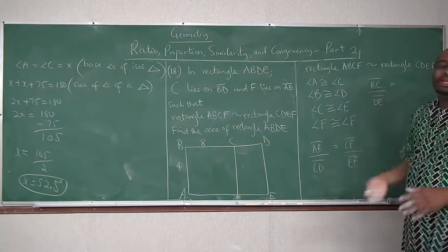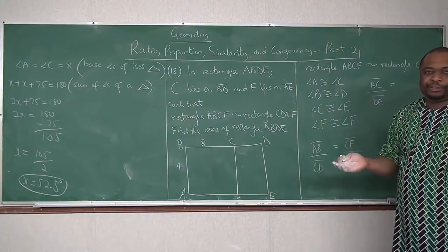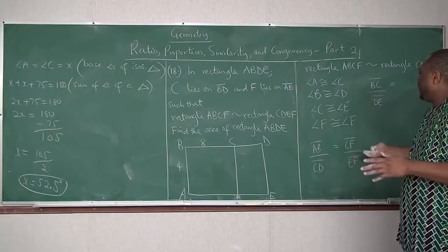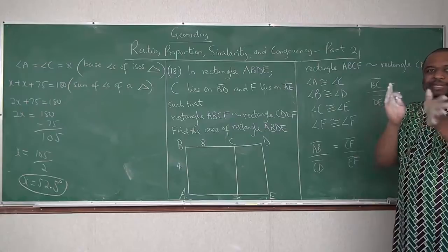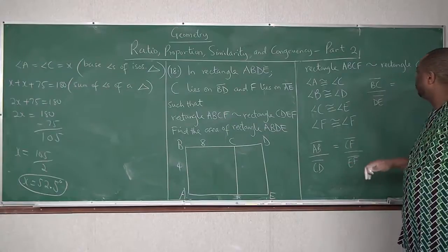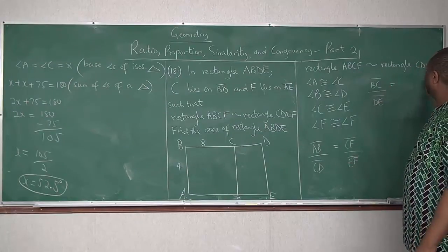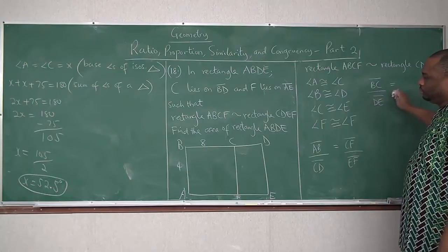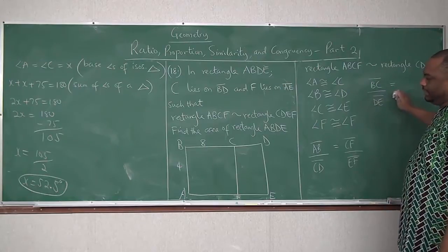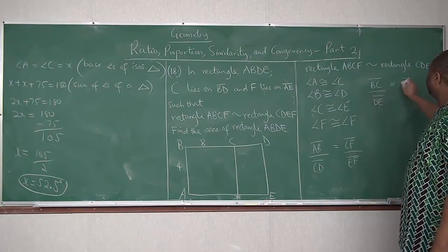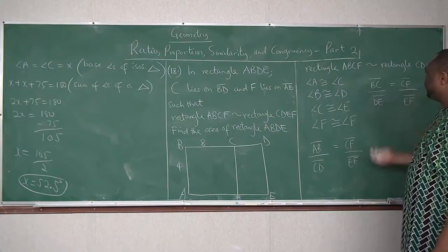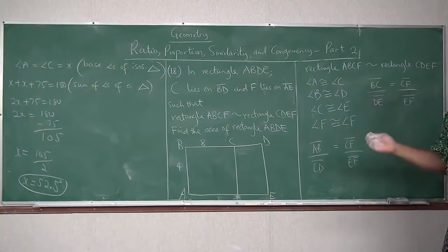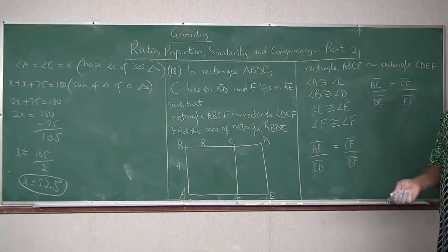You know there are several ways of writing proportions. But let's write it from the main requirement. Corresponding side lengths are proportional. So you can say BC over DE is equal to line segment CF over line segment EF. So you can form the proportions.